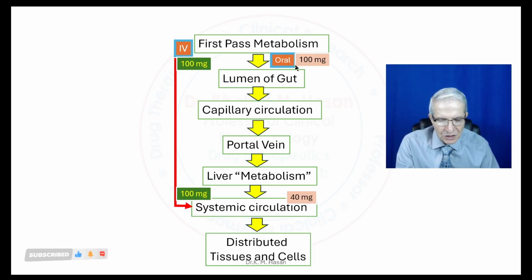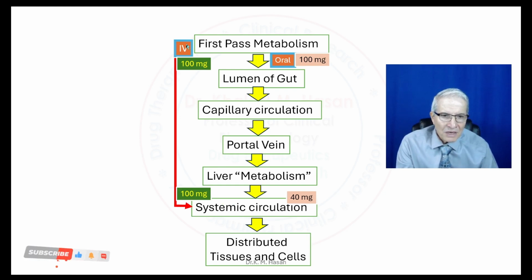With oral administration of 100 milligram, about 40 milligram will arrive to the blood, and this explains the effect of metabolism in the GI system and the liver. On the other side, when you prescribe 100 milligram intravenously, the medication will arrive directly to the blood. The entire 100 milligram will arrive to the blood circulation.